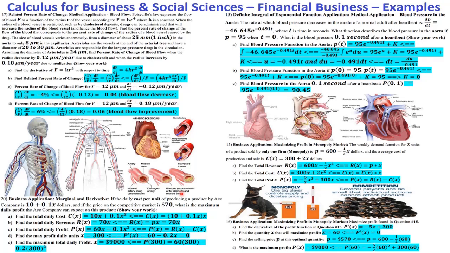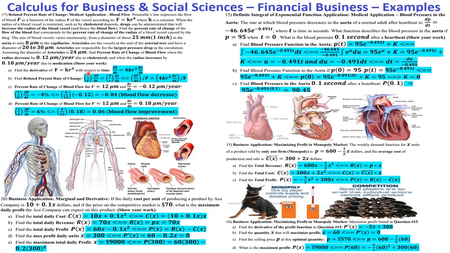When the radius decreases, the percentage blood flow to the heart decreases. So the formula is F equals k r to the 4.